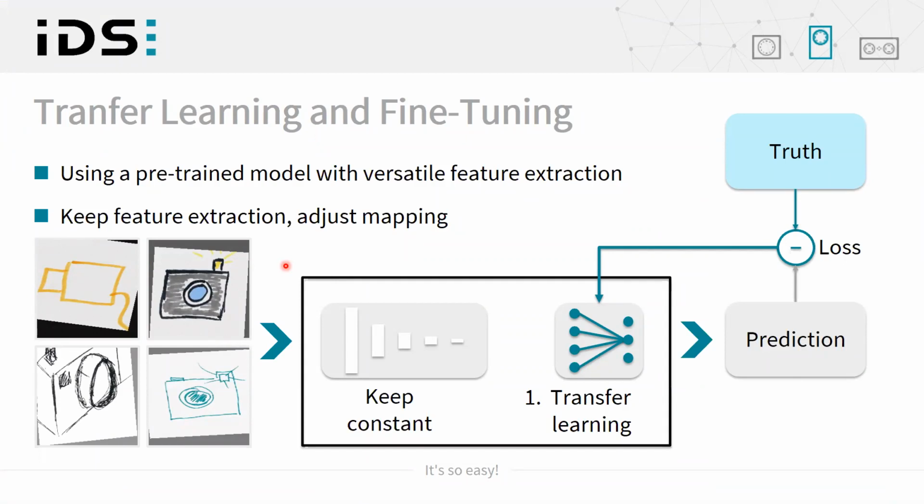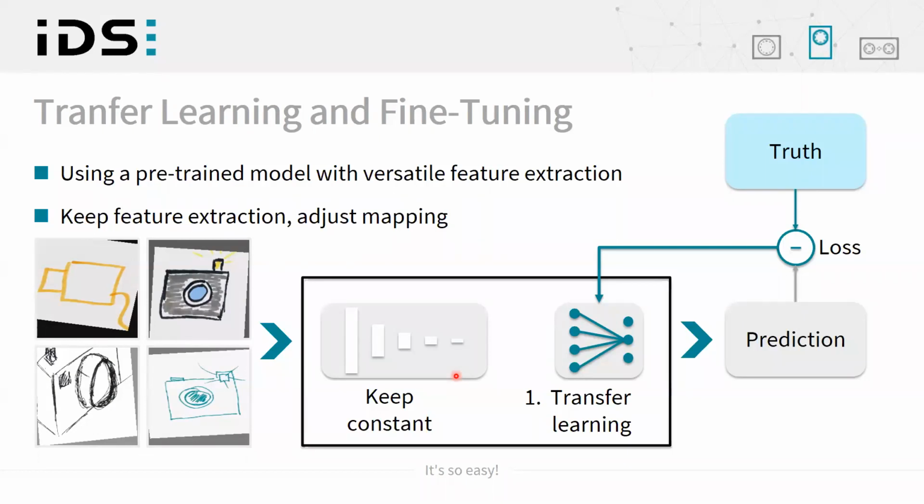What we do is we don't train the full neural network at once, but we have pre-trained the models on a large variety of real-world objects. So the model could learn a very broad and generic feature extraction, and the learned features are relevant for a large variety of images.